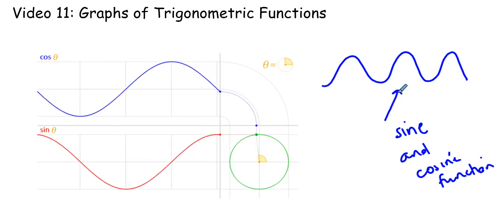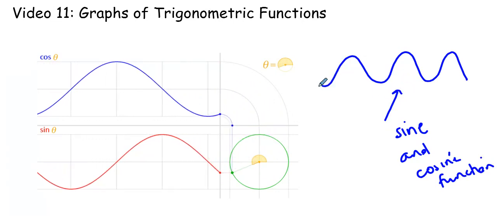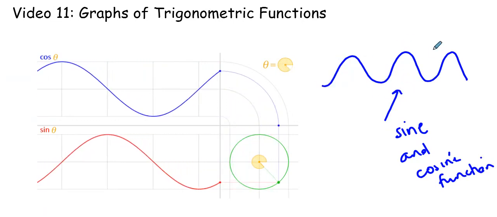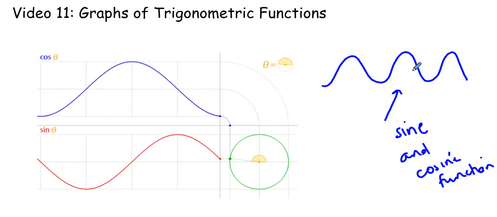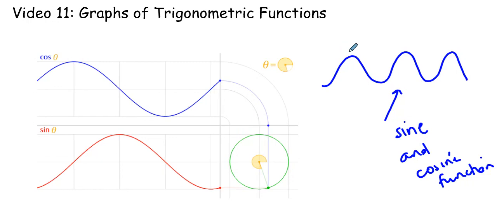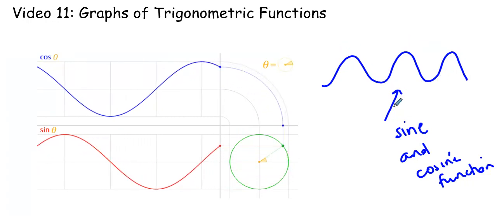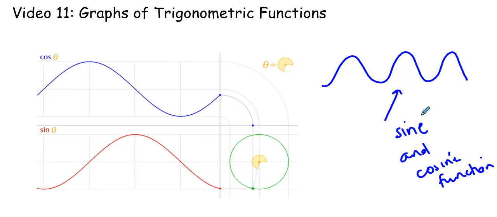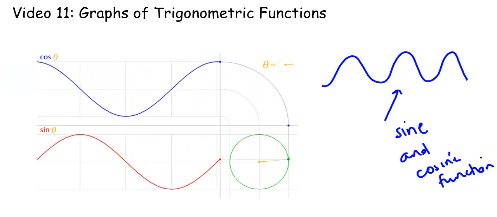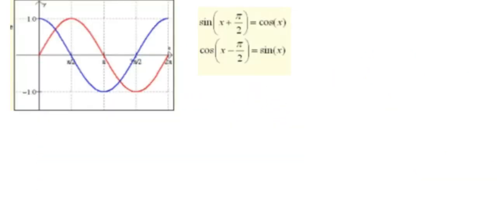But if you just saw this function here, you wouldn't be able to say for sure that's sine, for sure that's cosine. This is a sinusoidal function, which can be considered both a sine function and a cosine function. Okay, so let me show you the similarities.